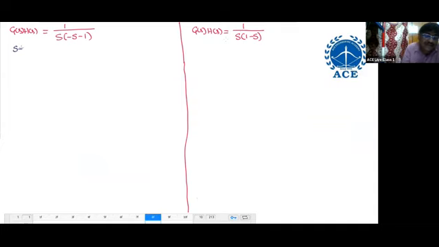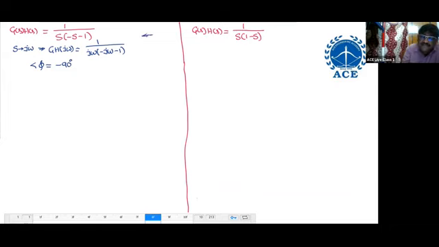S replaced by j omega. So GH of j omega equal to 1 by j omega into minus j omega minus 1. Phase angle: minus 90.